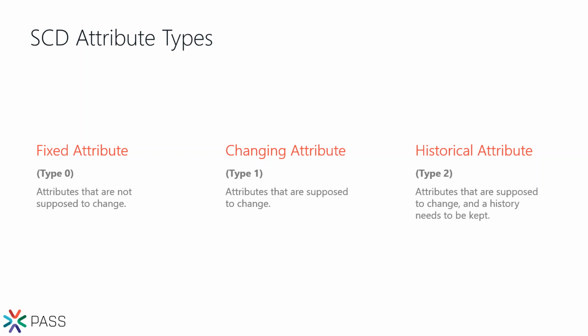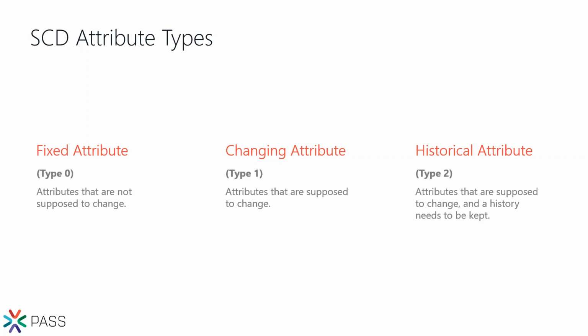And then you have the changing attribute that changes, like somebody's email may change from time to time, or his job title could change from time to time. That could be a changing attribute. There's also the historical attribute. That is a type of dimension data that can change from time to time, but that kind of change should be captured with the historical information about every change that happens.